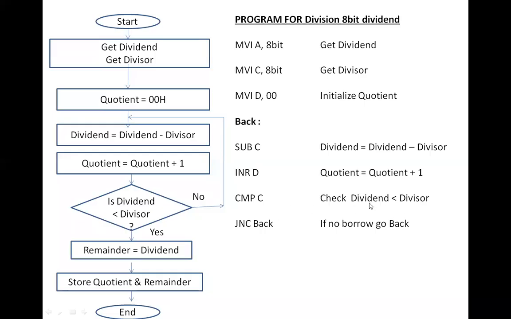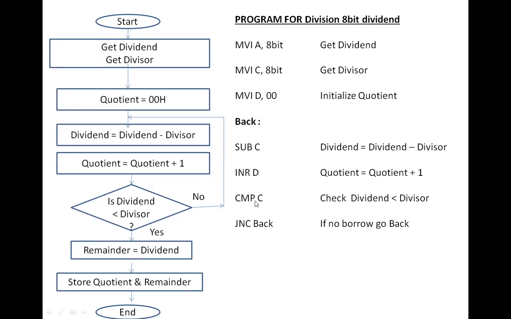Now if I take the example of 8 and 4, the accumulator is having 8 and the C register is having 4, so 8 minus 4, the result will be 4. Quotient will become 1. Compare C, the carry flag will not be set, it will go back again. Now the new value of the dividend will be 4. So 4 minus 4, it will become 0. It will increment the quotient, which will become 2.